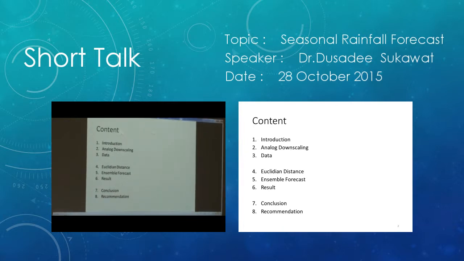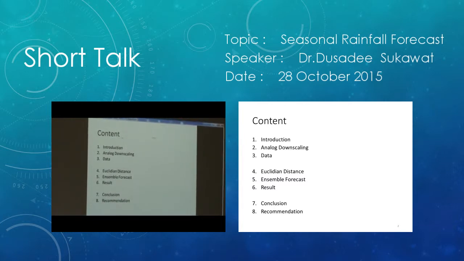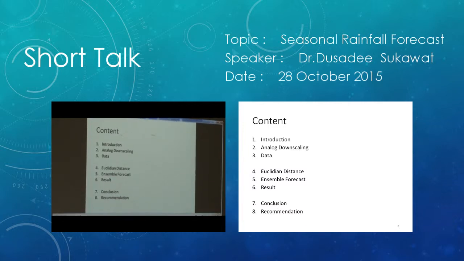In general, we can classify the seasonal weather forecast into 3 methods. The first one is a statistical method. And this method has been used for summer monsoon forecasting over India for more than 100 years.